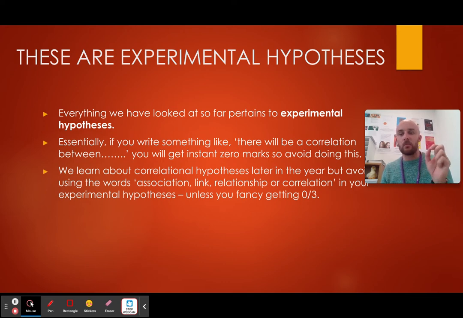You have to say the word difference because you're looking for a difference between the DVs and there are no DVs in correlations. Now, some of you may not know what correlations are. Maybe you didn't do it at GCSE. Maybe you haven't looked at it yet in first year. But we will look at it in time. But just please note down that for experimental hypotheses, you have to use the word difference when referring to non-directional hypotheses.